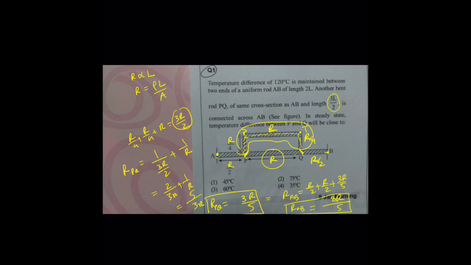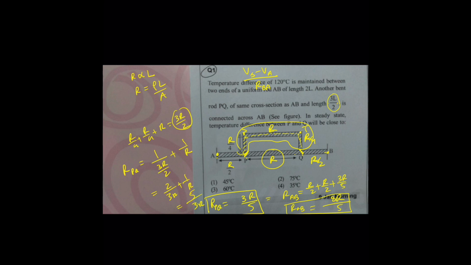Now what I can do over here is, as the temperature difference leads to the flow of heat energy, similarly voltage difference leads to the flow of current. So I can write VB minus VA upon resistance between B and A. So this is basically voltage difference upon resistance, which is equivalent to current.